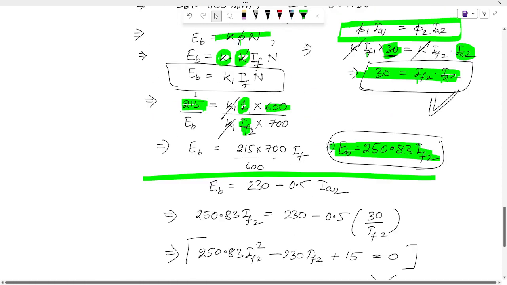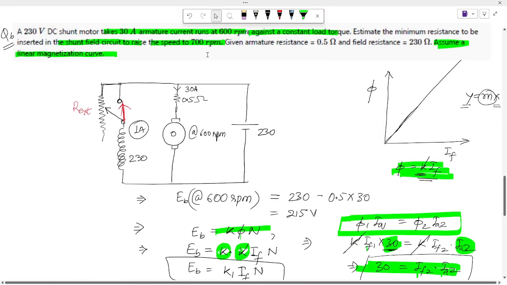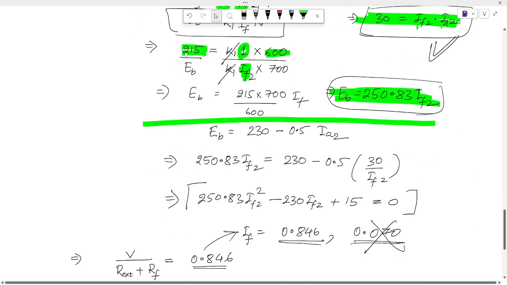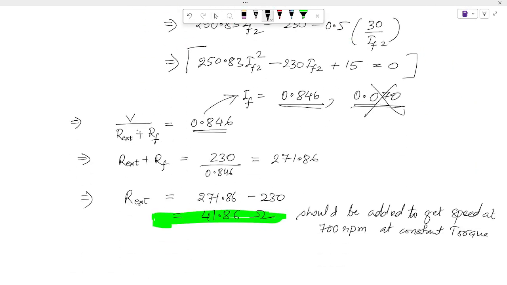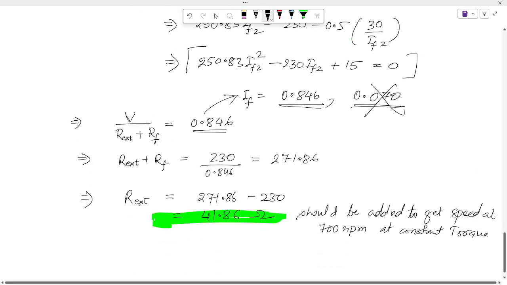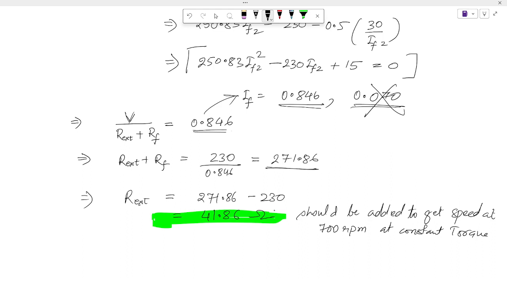IF will be 230 divided by R external plus RF, that is V upon R external plus RF, which should be equal to IF. Since you have got IF, the R external value you can find out by subtracting the field resistance from the total resistance. Fine, समझ में आया? Yes, sir. Okay.